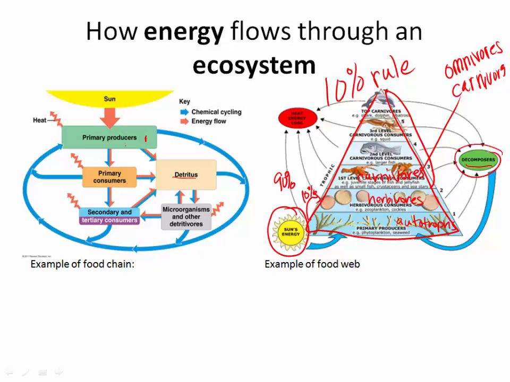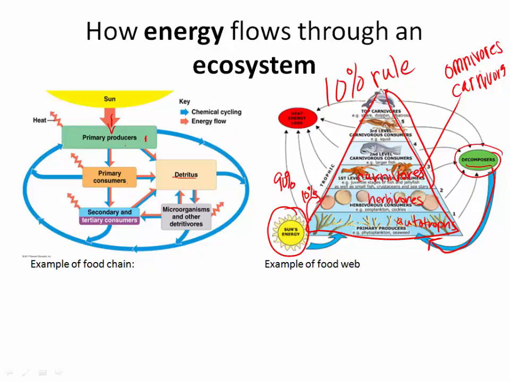Very important too are the decomposers, because each one of these dies, and if we don't have the decomposers to take apart those animals and plants that are dead and no longer living, and put those nutrients back into the soil, then things would basically be dying. So the detritus is eaten by the decomposers. If we look here, we look at chemical cycling and energy flow.